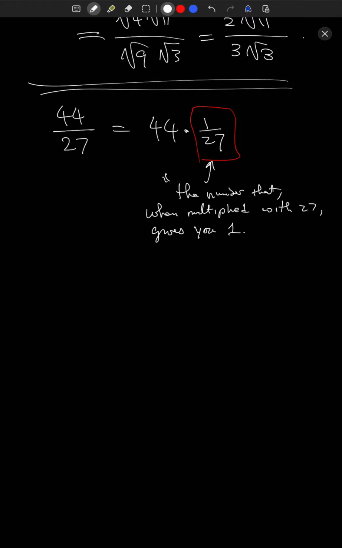Right? So this is actually the technical definition of 1 over something. So 1/3 is technically the number that when you multiply it to 3 gives you 1.